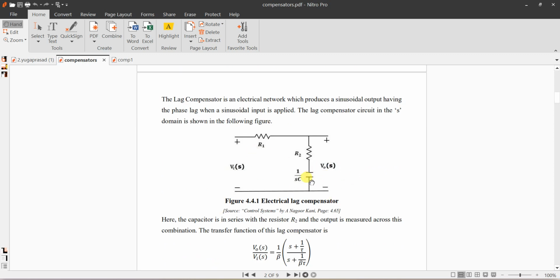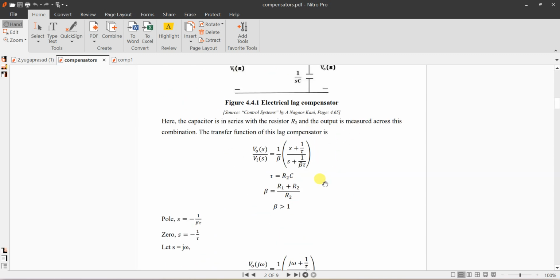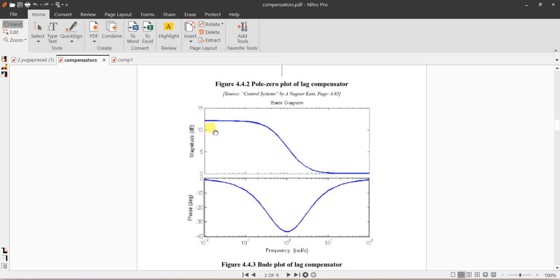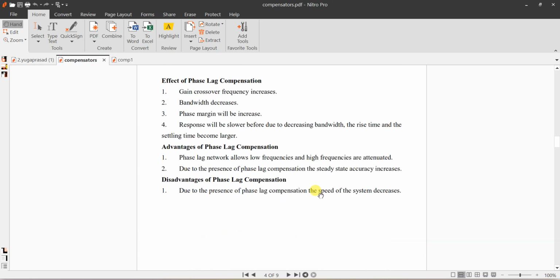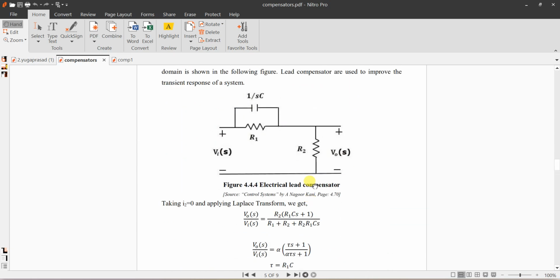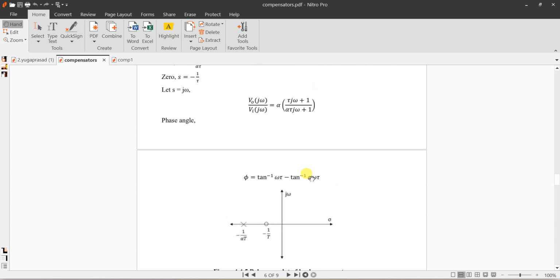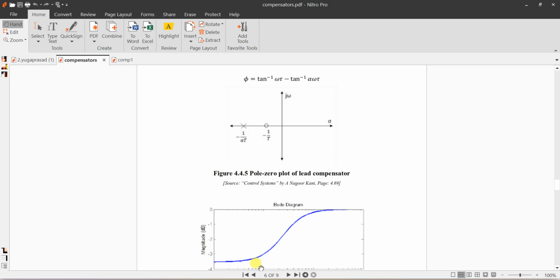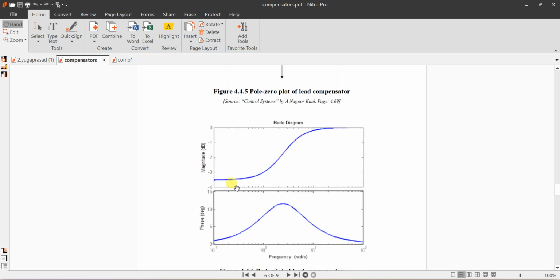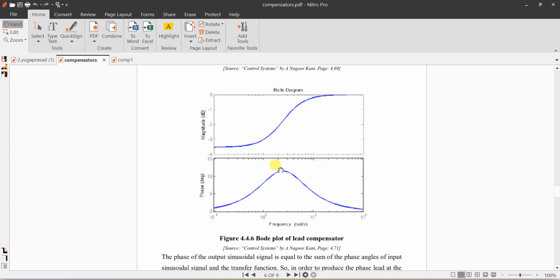So for the lag compensator, you are going to get a frequency response like this. This is a Bode plot. We'll verify whether you are doing the same thing or not. For the lead network, you are going to get a Bode plot like this, the magnitude and phase plot.